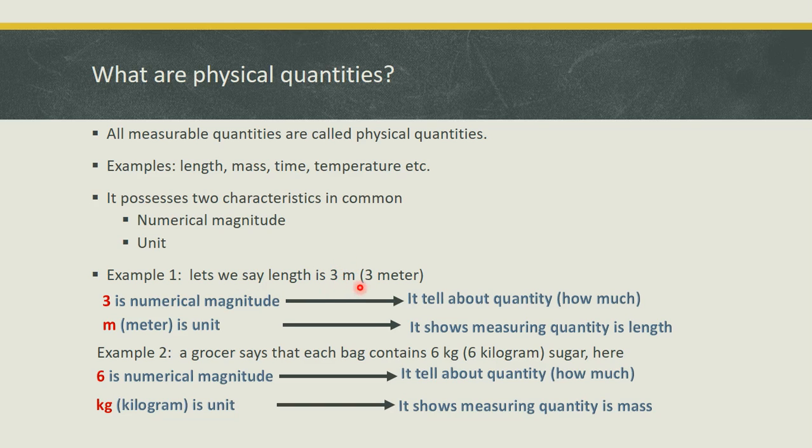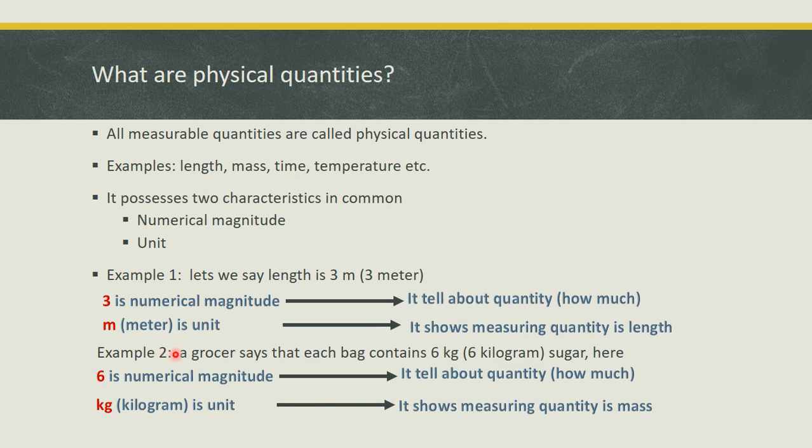So you see, this 3 is the numerical magnitude, and it tells how much the length is. The length is 3, and this meter is its unit. It shows the quantity being measured is length. So we can say that the unit basically qualifies the quantity, that is, which quantity is to be measured.